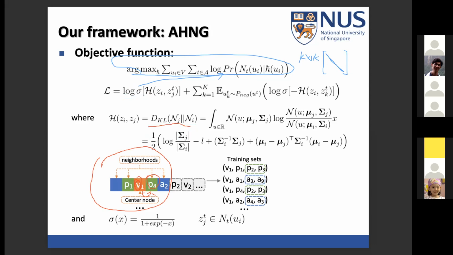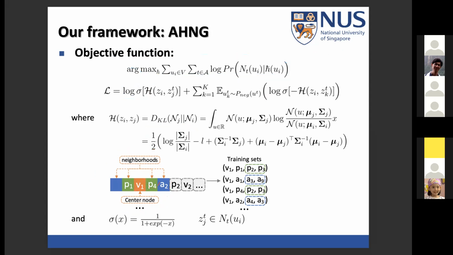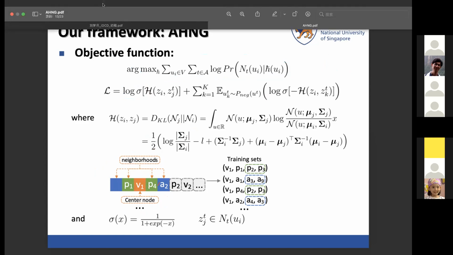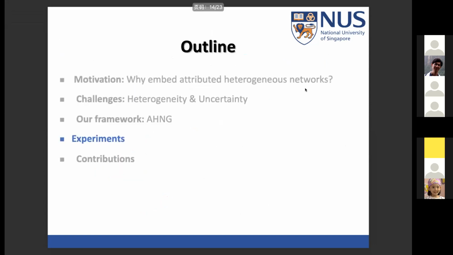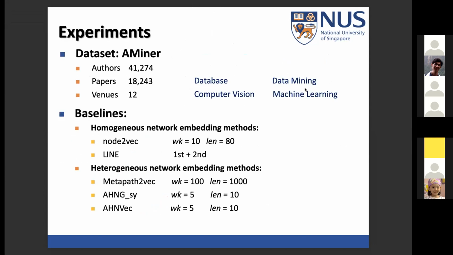Okay, that is a very interesting discussion. Let's move on to the experiment part. We can briefly go through the experiment, and I suggest you also raise some questions here. The experiment is simple, and we use an academic network.